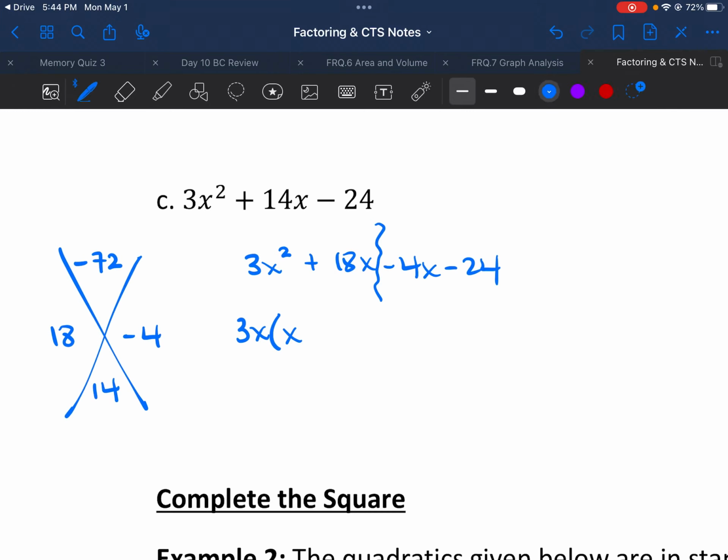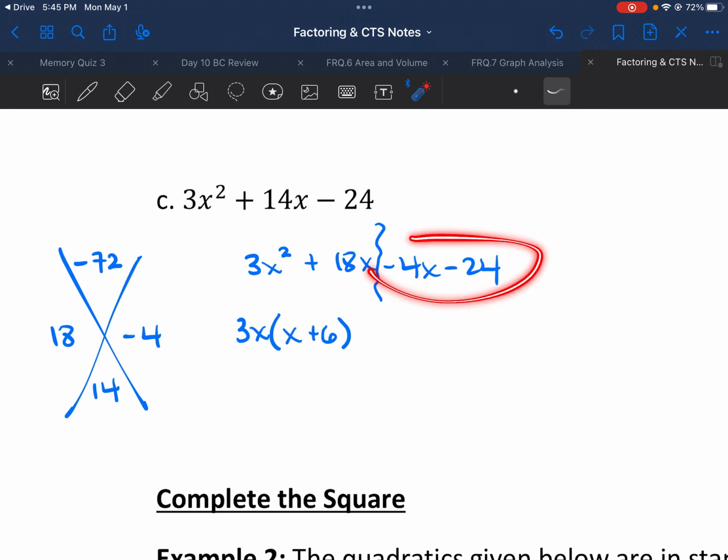So we factor out a 3x, we're going to get x plus 6, right? 3x times x, 3x squared, 3x times 6, 18x. There we go. Had a little brain slip there, but everything works out now.